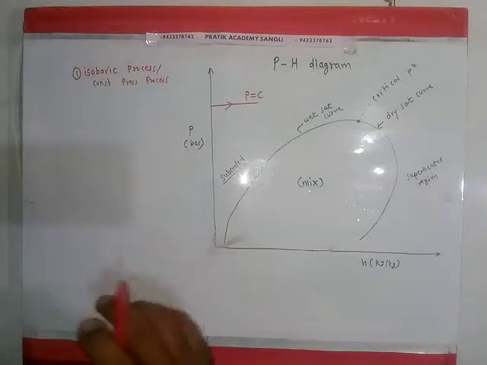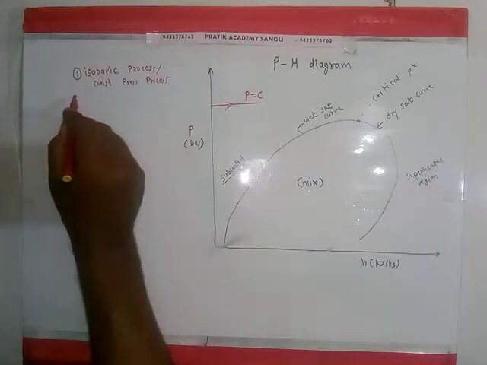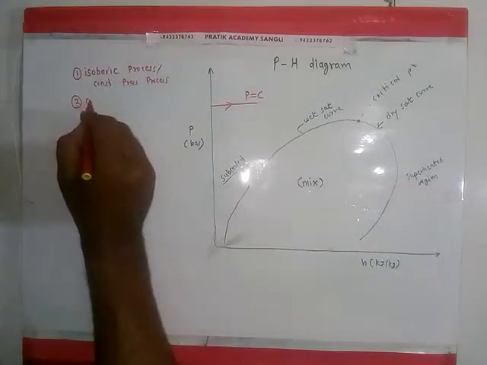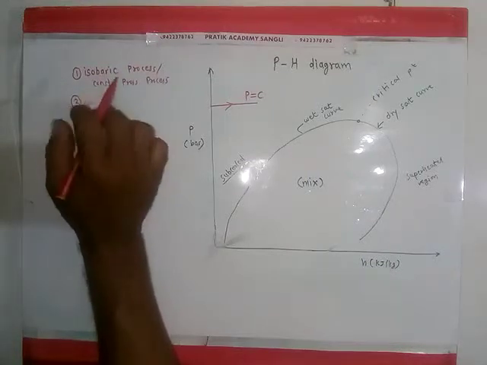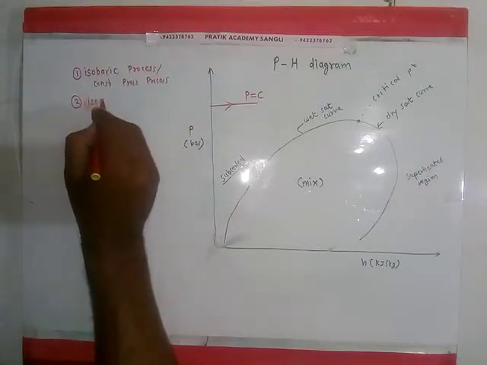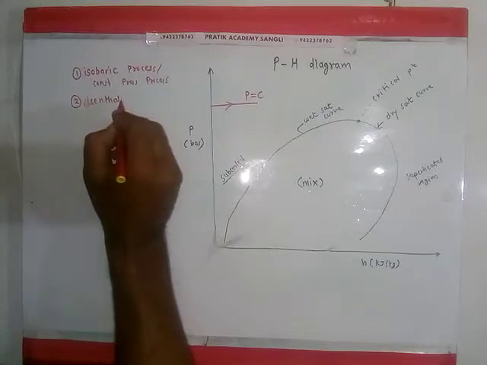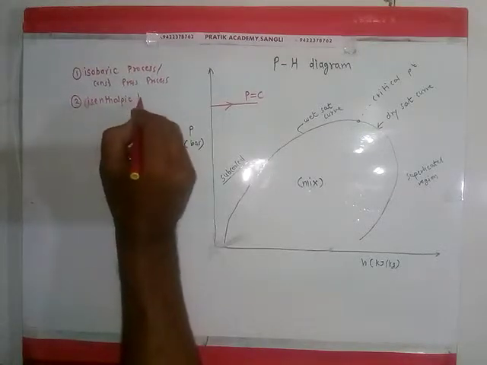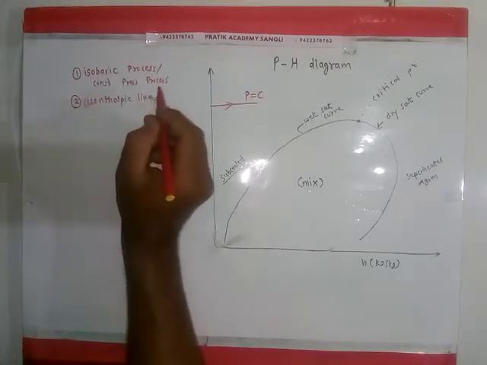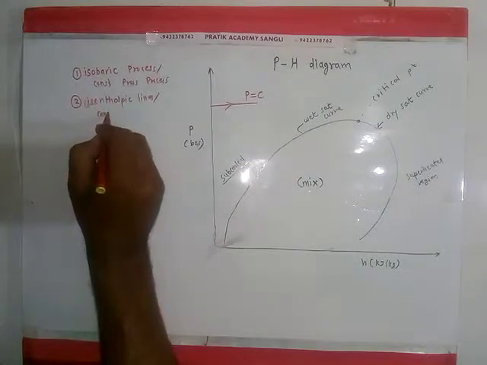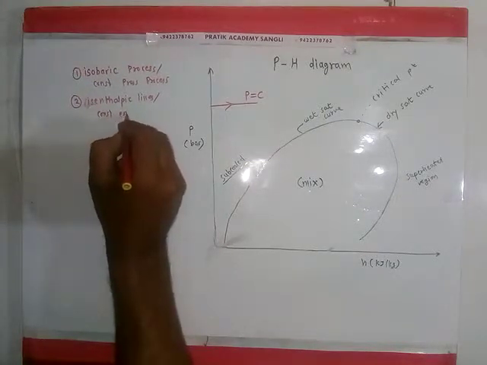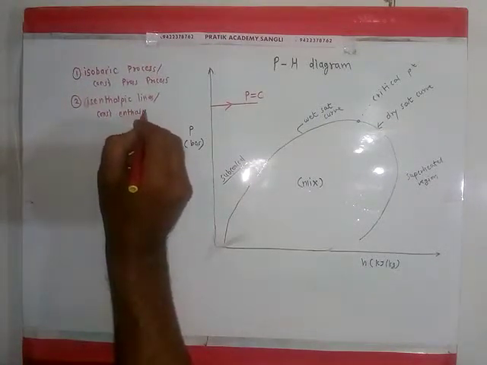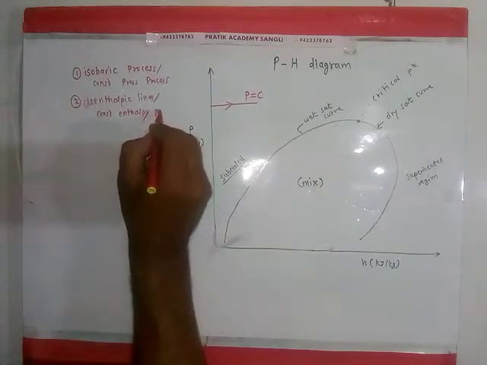Next is the constant enthalpy or isenthalpic line, or constant enthalpy process.